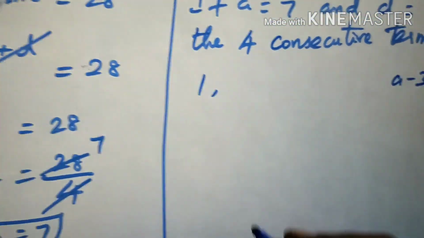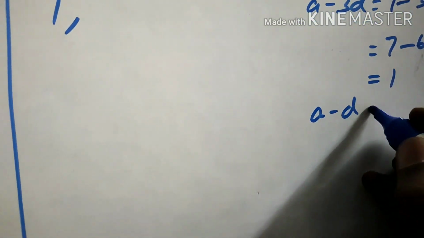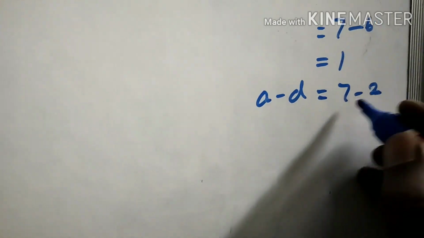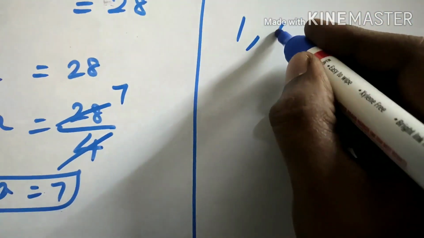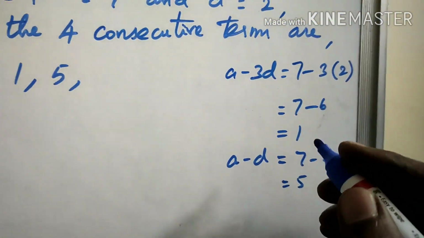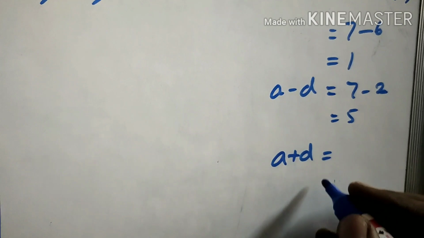First number is 1. Next one, a minus d. a minus d means 7 minus 2. Okay, so we get what? 5. Second number is 5. Next, a plus d.